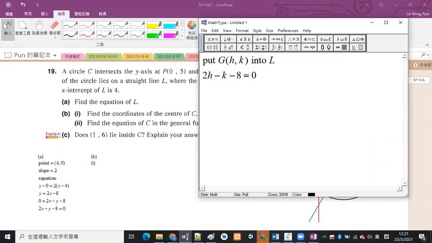And then let us move k to be the subject of this equation. So 2h minus 8 is equal to k. And write k on the left. Label this to be equation 1.